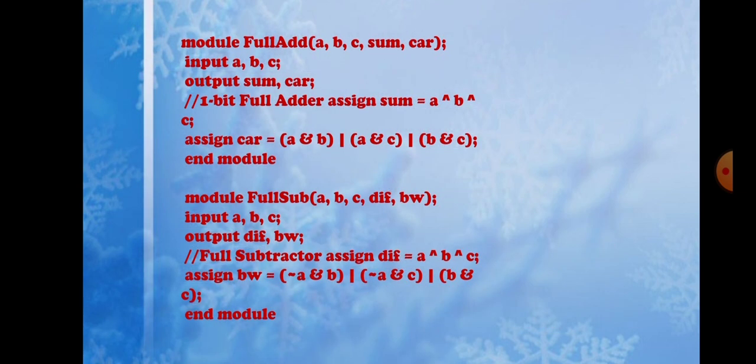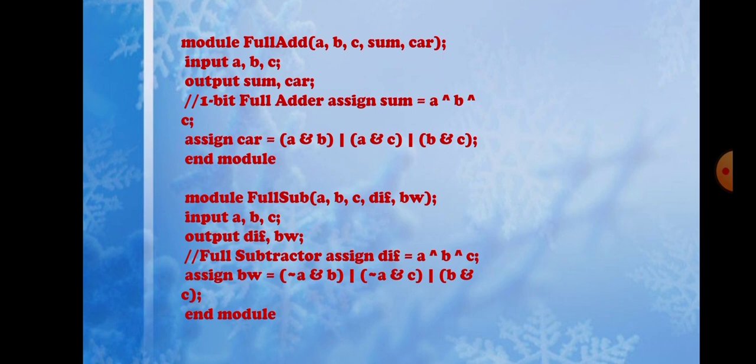So here it's still not ended. Module full adder. This is for the separate definitions. A, B, C, sum, carry out. Input A, B, C, output sum, carry out. So full adder: assign sum equals A or B or C. Assign carry out equals A and B or A and C or B and C. End module.